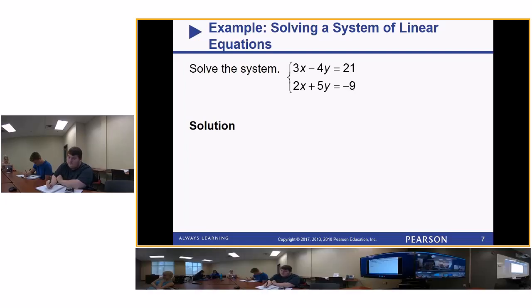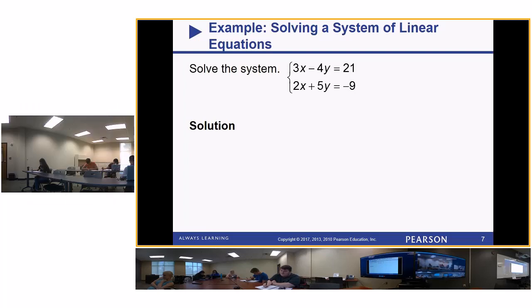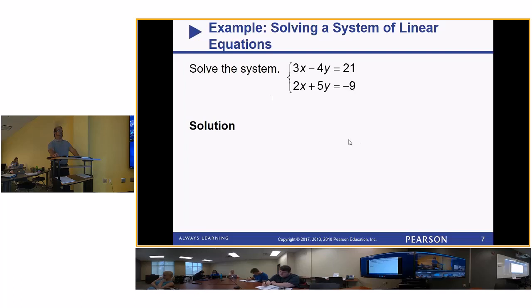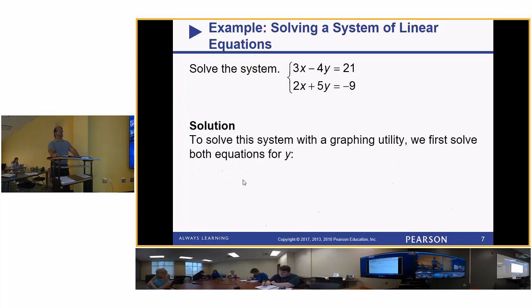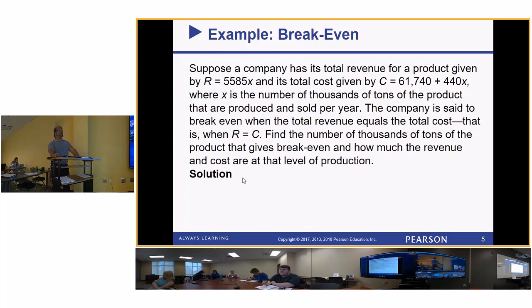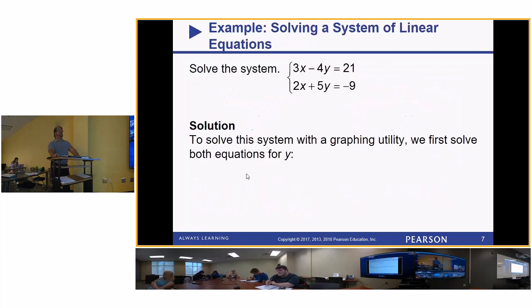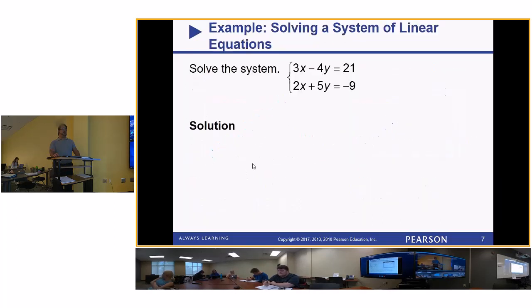Now I'm going to go through the basics, but just realize that when you are solving systems of equations by graphing, you have to be on a piece of graph paper or use your graphing calculator.